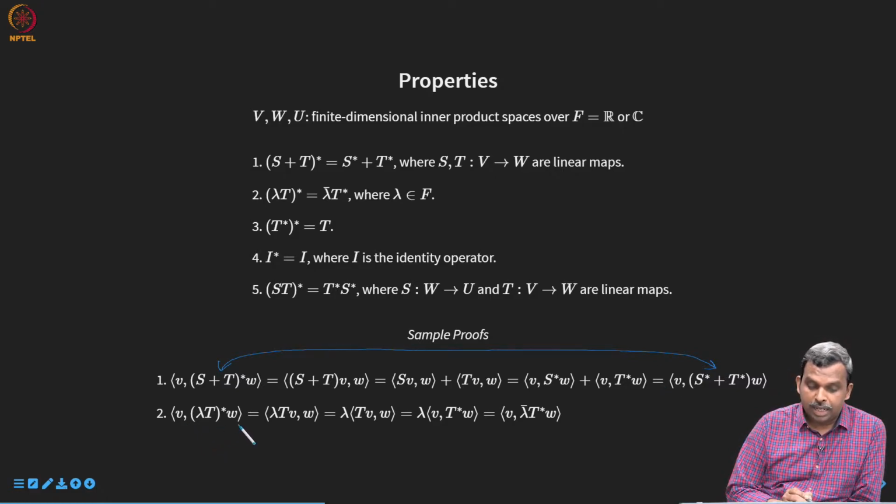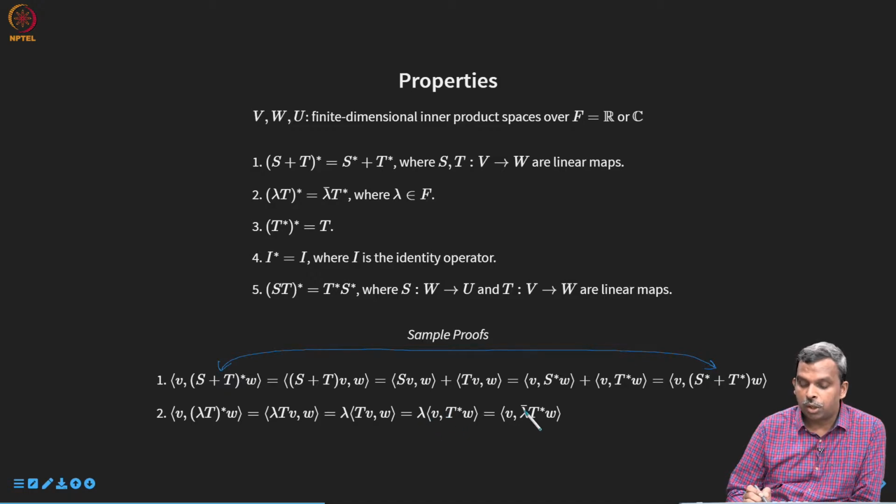Now look at the next one. The second is the proof for claim 2, and here again we are looking at lambda T whole adjoint. We start with the inner product V comma lambda T whole adjoint W, and then we use the property here. So this is going to be equal to the inner product lambda T V comma W, and you can pull the lambda out and you get lambda times T V comma W, and T V comma W is V comma T adjoint W, and then you take lambda into the second argument.